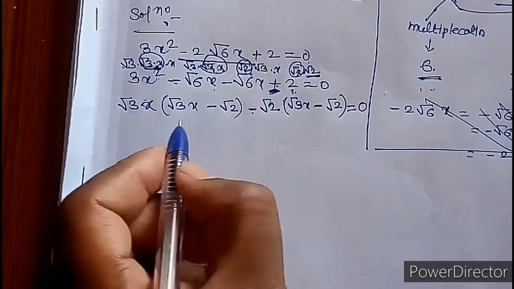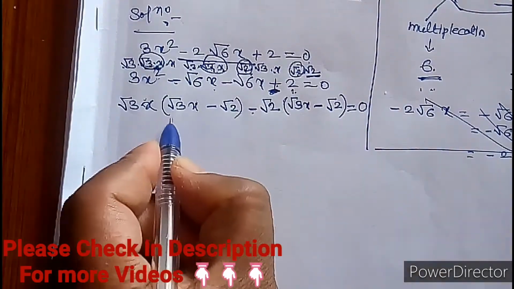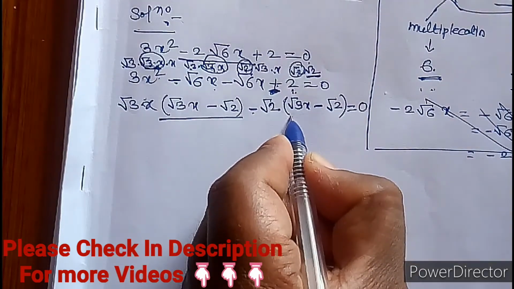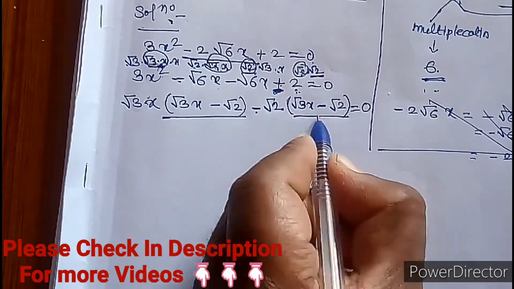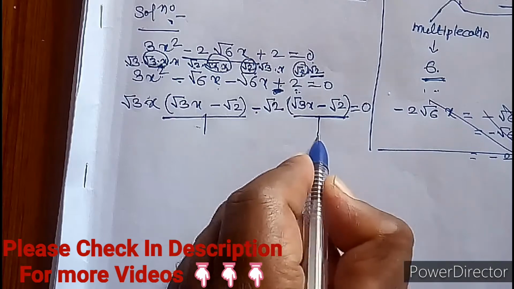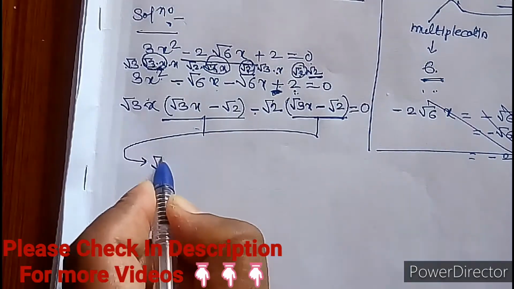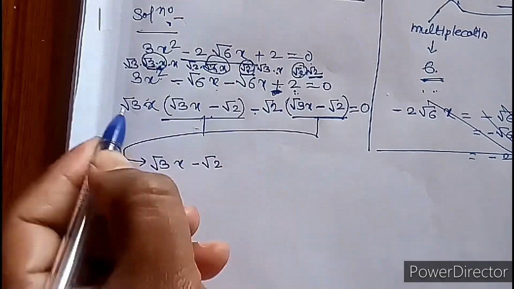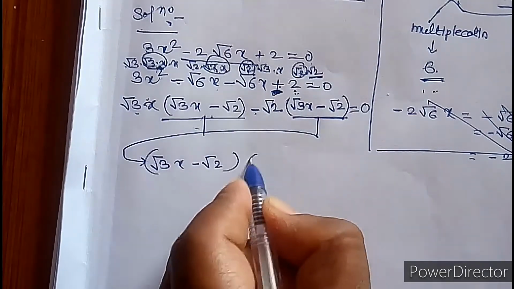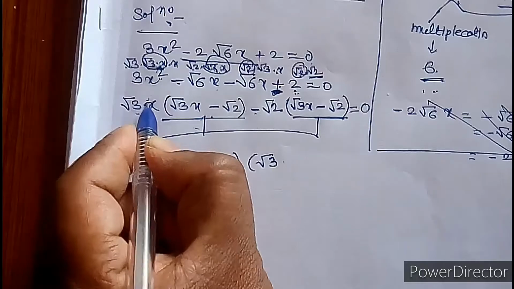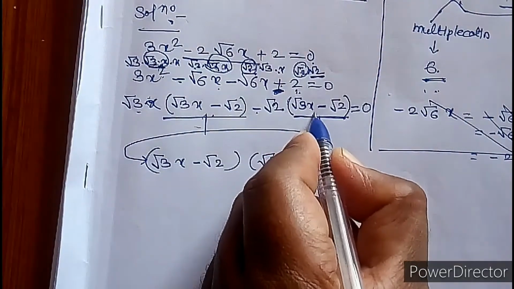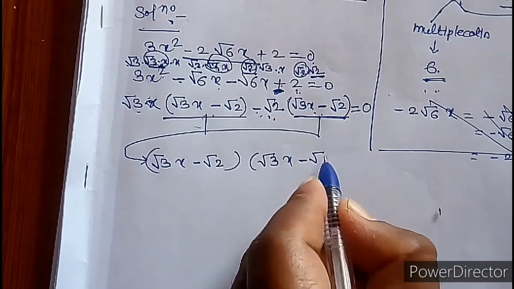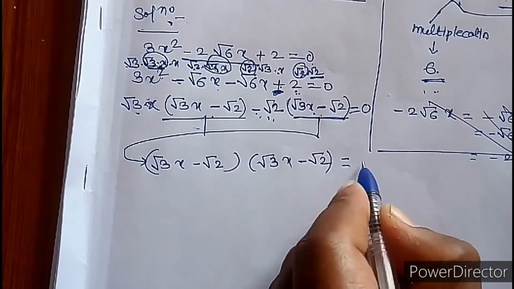Now observe the equation, that is root 3 x minus root 2 and root 3 x minus root 2 is common. By taking this common to the outside, root 3 x minus root 2, here remains root 3 x, and this also has been taken common, therefore here remains only minus root 2 equals 0.